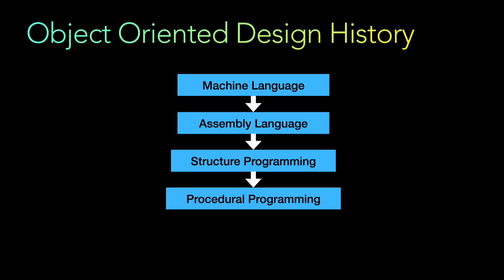The program control flow is achieved through function calls and goto statements. There are several programming languages that follow this pattern, for example Fortran and COBOL. You must have heard about those. They follow the procedural programming pattern. But there were obviously still issues.